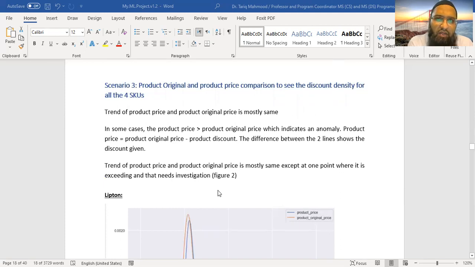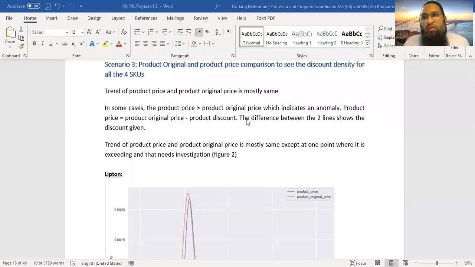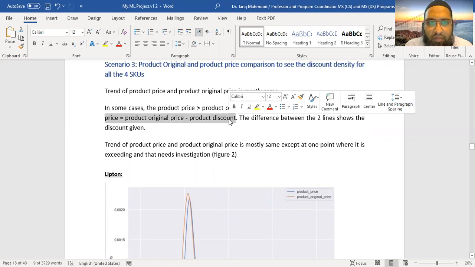And in scenario 3, we are looking at this product price and the original product price. So this is the formula that we are looking at. Product price is the original price minus the product discount.